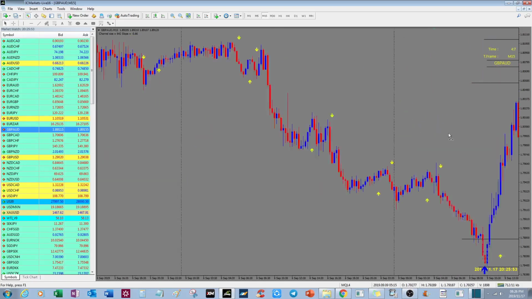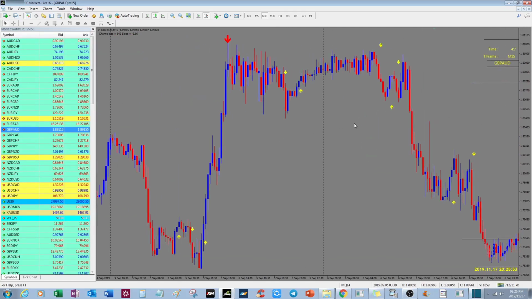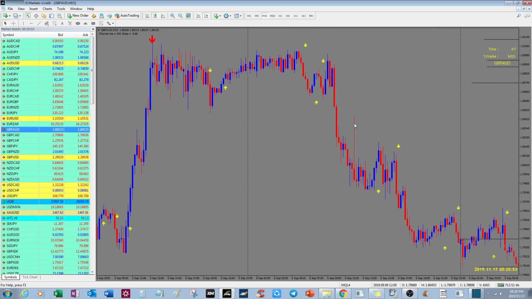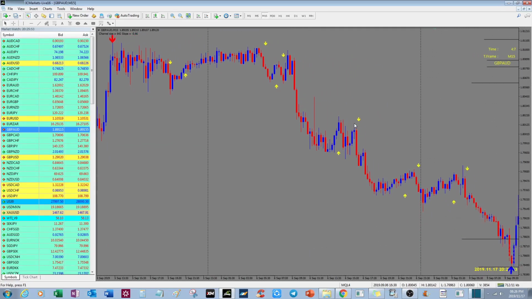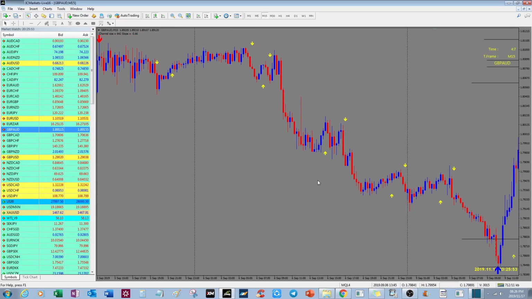Let's just do one or two tests on the 15 minute quickly. So we would have big arrow, little arrow. We would have entered this trade around about here with our stop loss below. How many pips? 58 pips stop.